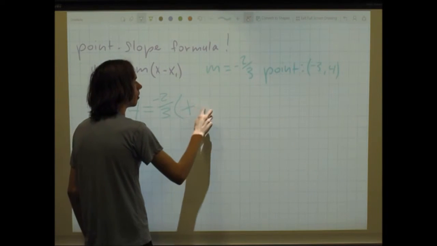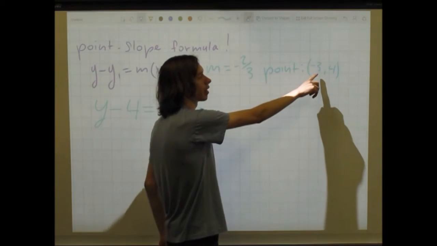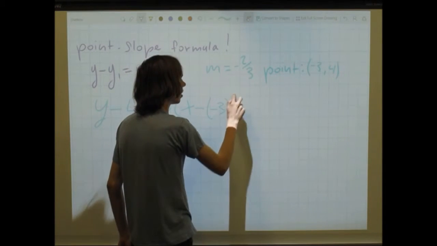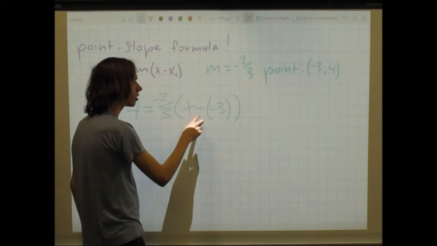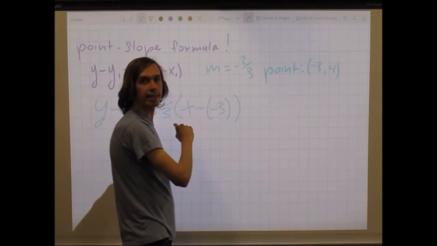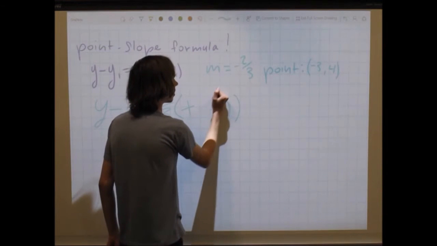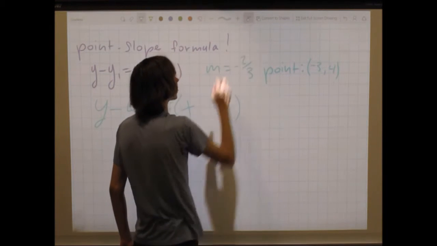The x value, x1, is negative 3, so minus negative 3. Remember, subtracting a negative number is the same thing as adding that number. So minus negative 3 is the same thing as plus 3.